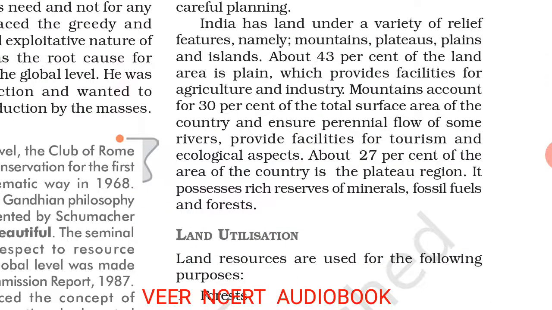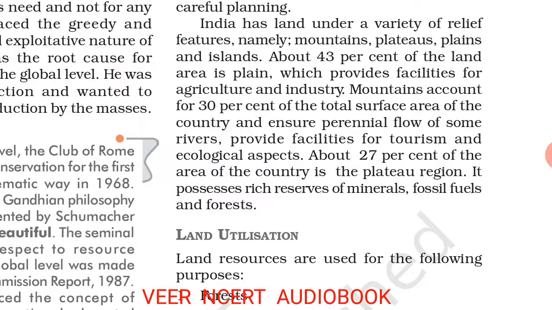India has land under a variety of relief features, namely mountains, plateaus, plains, and islands. About 43% of the land area is plain, which provides facilities for agriculture and industry.